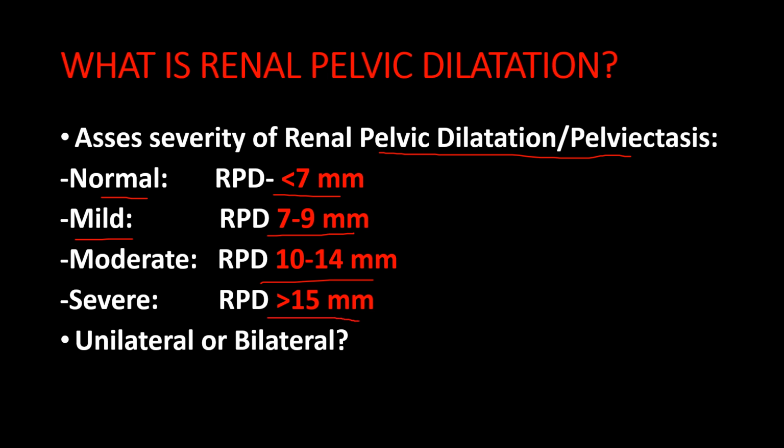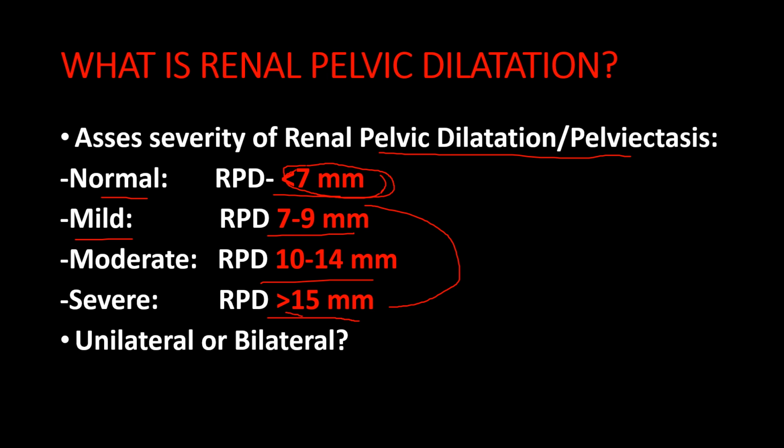So it is important to know mild, moderate and severe, and also normal, because if you get a normal RPD measurement, then your communication answers would be different. Definitely those babies don't require any prophylactic antibiotics or repeated scan, they just need observation of what symptoms to watch for.